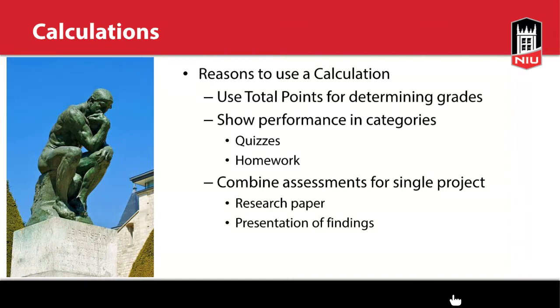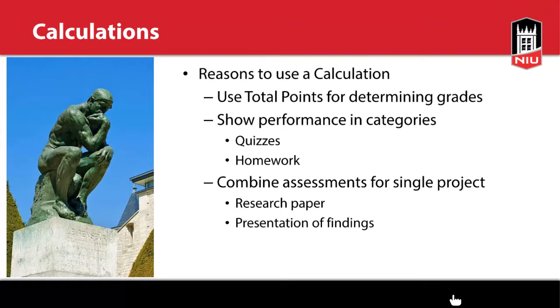Another reason for a calculation might be that you want to show performance to students, or see performance of students, in a particular category. Again, these are pretty easy to do. You're just creating a calculation that takes all of the items in a particular category and totals them up. You can also use this to combine the grade for separate assessments on a larger project.